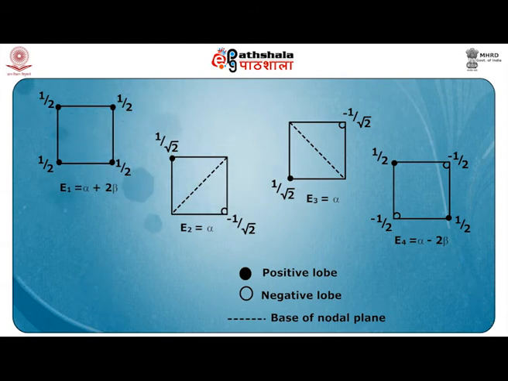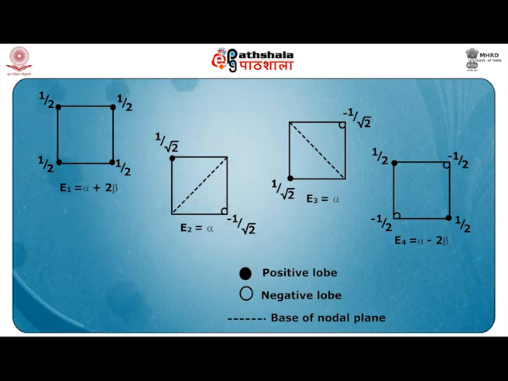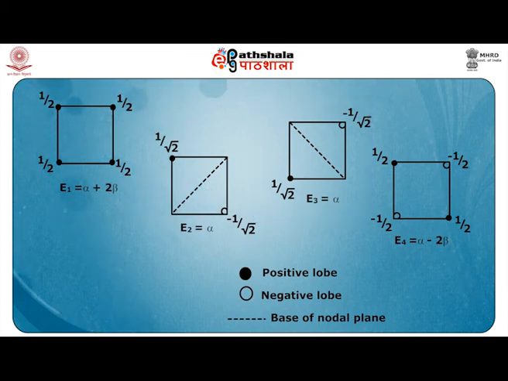Similarly, for energy E2 is equal to alpha, we have 2 lobes, one lobe which is positive and the other lobe which is negative. And similarly, for the molecular orbital E3 with energy alpha, we have one lobe which is negative and one lobe which is positive. But these are the other 2 coefficients in this case.